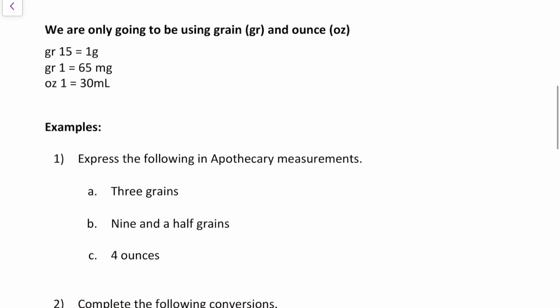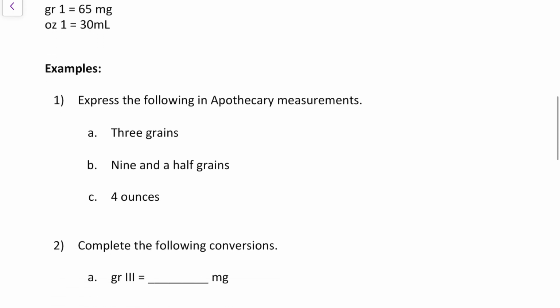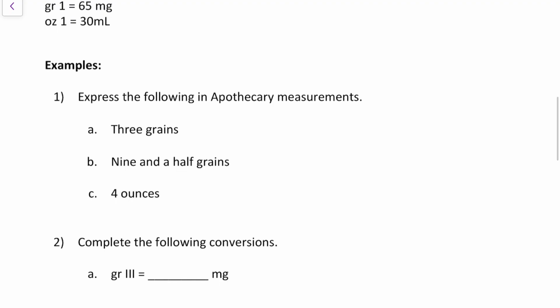So again, we are going to be using grain and ounce and specifically look at how these can be converted to the metric system. So 15 grains is 1 gram, 1 grain is 65 milligrams, and 1 ounce is 30 milliliters.